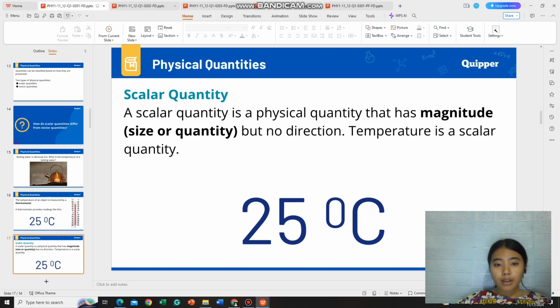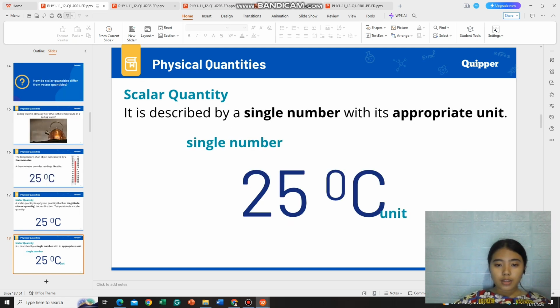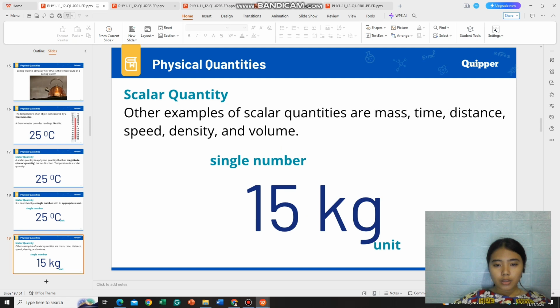Just like I said, temperature is a scalar quantity. A scalar quantity is described by a single number with its appropriate unit.